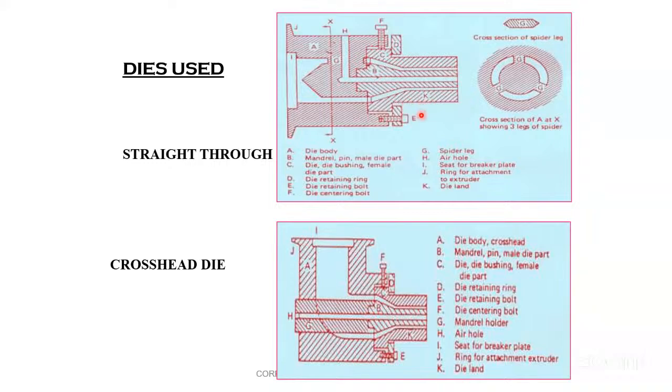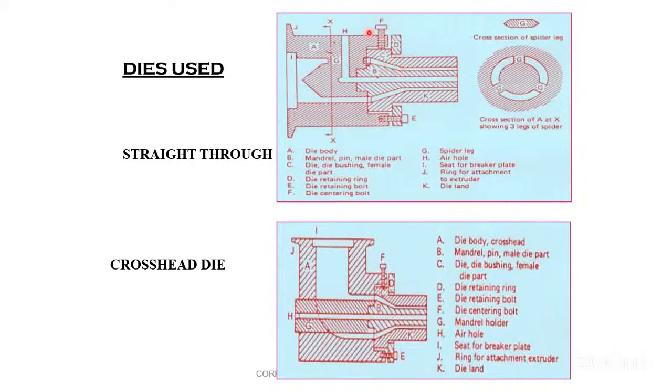Now, if you see, this F is the die centering bolt. We can adjust this bush with the help of this bolt. Suppose the thickness is higher in this case.